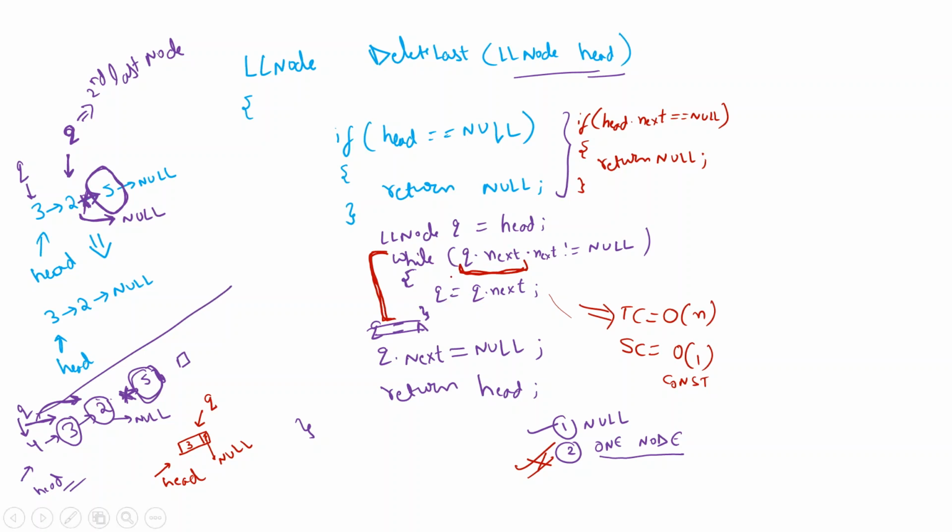So in case your number of nodes in the linked list is 1000, this loop will basically run for 998 times. We don't worry about constants, so you can say around 1000. So if your number of nodes is 1 crore, this code will run for around 1 crore times, right? So this depends on the number of nodes in the linked list, and this grows linearly with the number of nodes in the linked list.